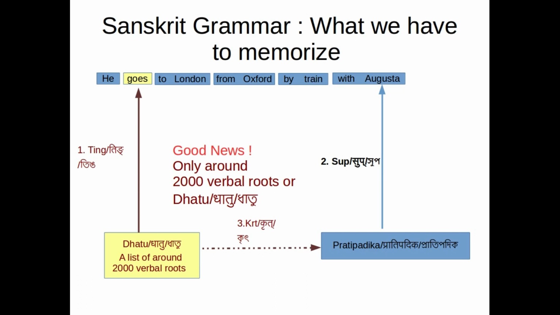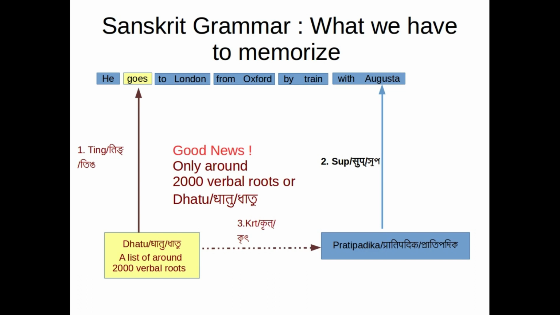In this example, there is one verb-like word, goes. We discussed that this type of word comes directly from dhatus. On dhatus, we apply ting pratyaya to get these words.